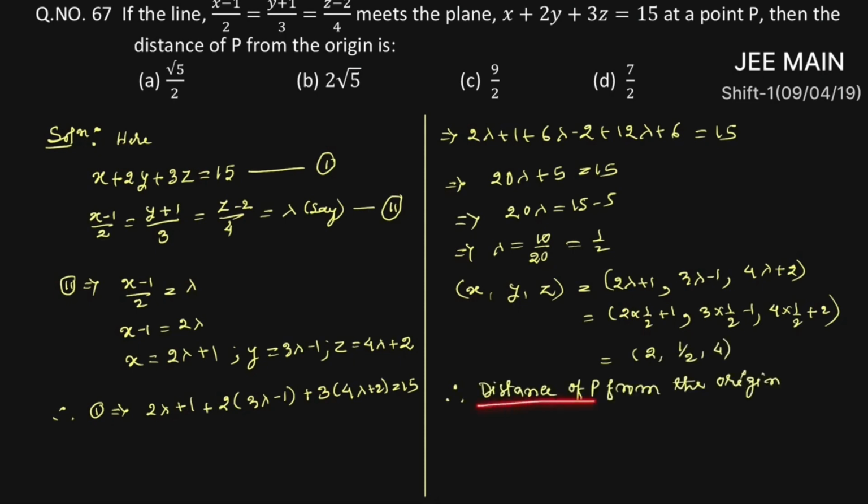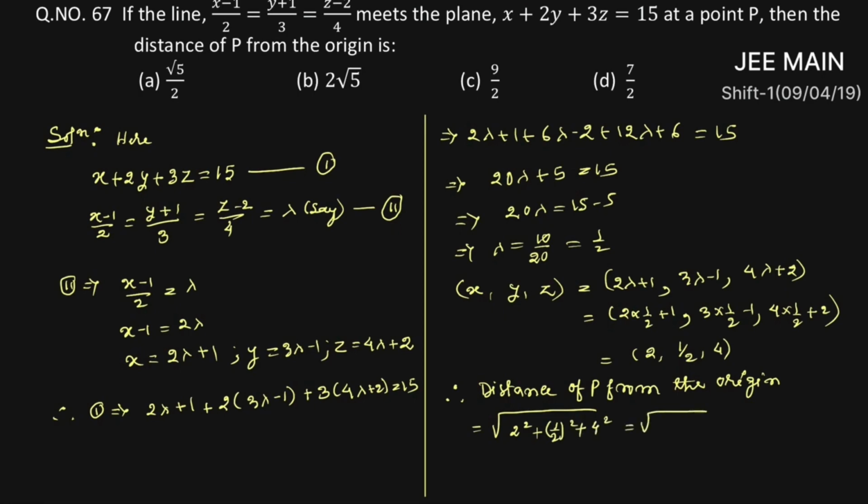Therefore, the distance of P from the origin is equal to root over (2 minus 0) whole square, that is 2 square, plus (1 by 2 minus 0) whole square, that is (1 by 2) square, plus (4 minus 0) whole square, that is 4 square.